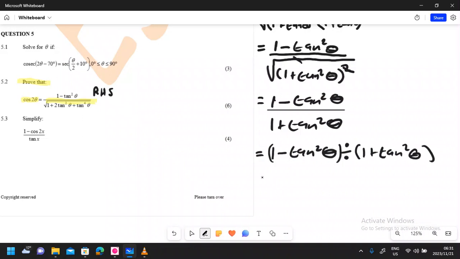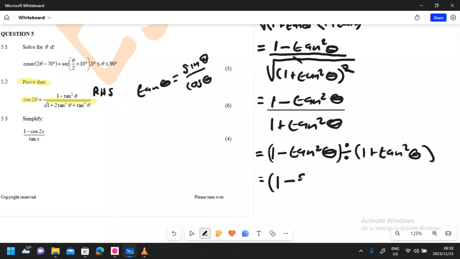Now it's time for us to change our tan. Remember, tan theta, you can use the quotient identity, the same as sine over cos theta. So we can use this quotient identity to change this one.